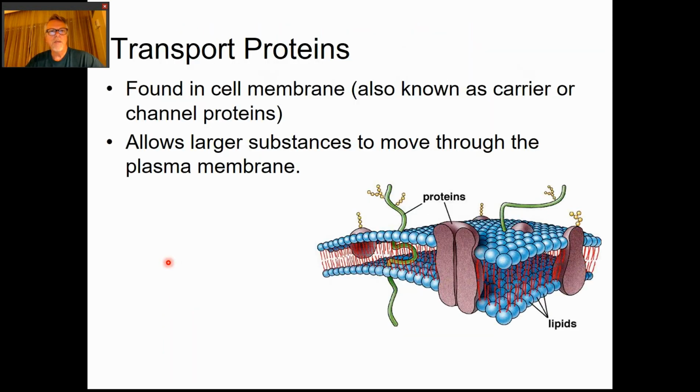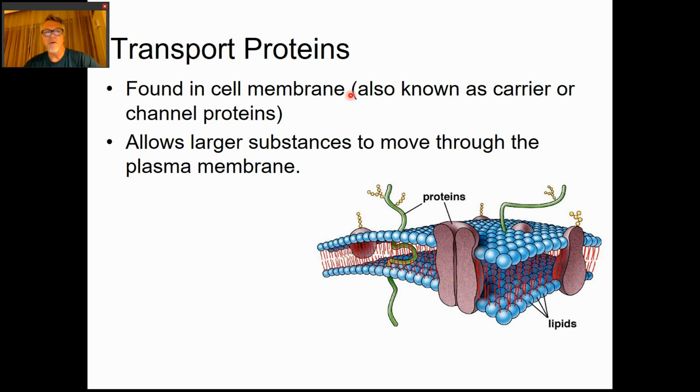All right. So we said that one of the components of the cell membrane was, of course, the phospholipid, and another component was a protein. There are lots of different kinds of proteins that you find in a cell membrane, but what we're going to talk about today are transport proteins. And as you might guess, transport proteins move things or allow things to move.